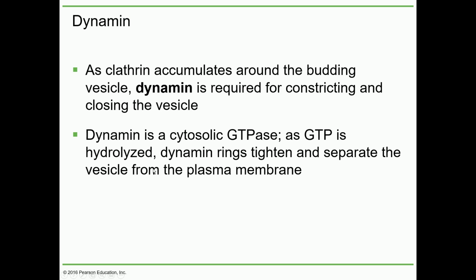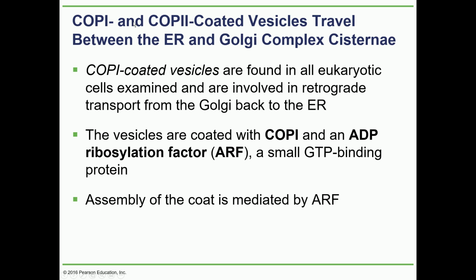We'll be talking about GTPases more in chapter 23 on signal transduction, next week. As GTP is hydrolyzed, the dynamin ring tightens and separates the vesicle from the plasma membrane, and that's what dynamin does.